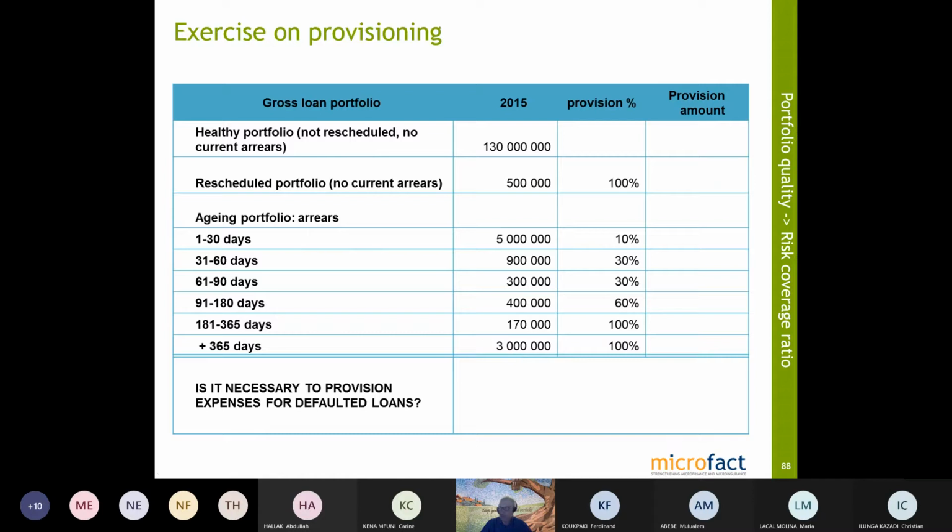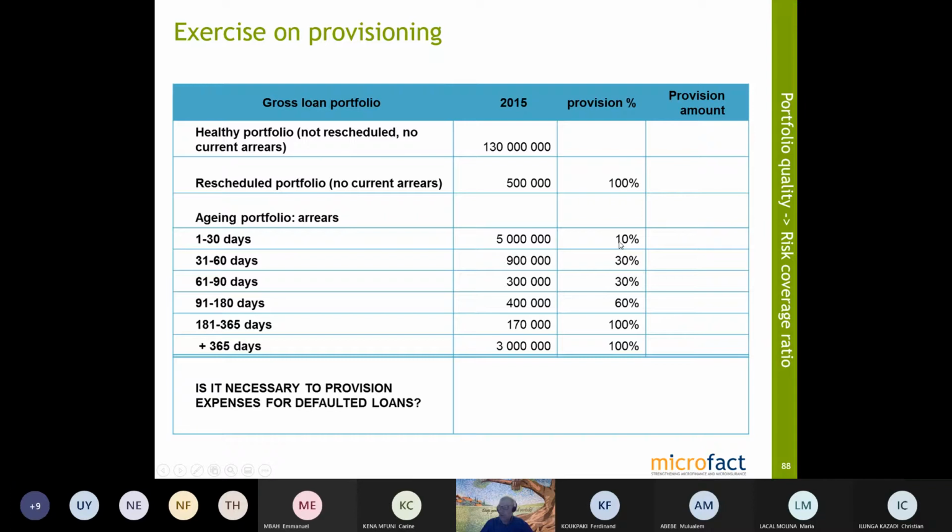Now you can decide, or the regulator decides, to what extent you are allowed to make provisions for potential losses. As we said, at least 100% for more than 1 year, even 100% for everything more than 6 months. But many organizations and regulators do say, look, for clients that haven't shown up between 1 and 30 days, the risk is not that high, so it's only 10% that you can make provisions, that you can create reserves for.